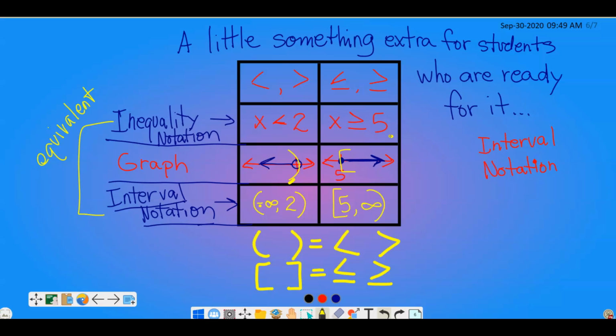You've got 5. See, this is saying all of our x's are greater than or equal to 5. So because it can be equal, we've got a bracket here. And then we've got 5, comma, and then infinity, because this line goes on forever and ever, and infinity always has a parenthesis. You never use a bracket with infinity because you never get there.